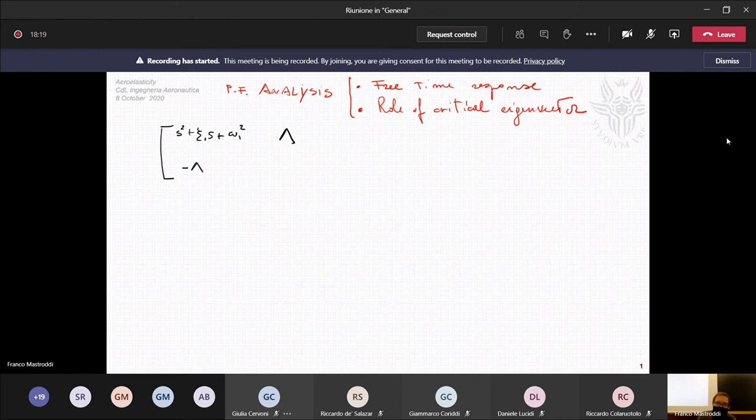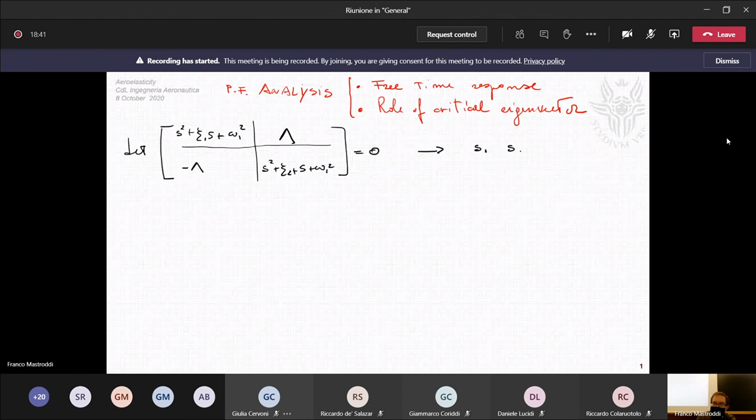I am compacting the problem in Laplace domain slash stability analysis, and by taking the determinant of this matrix, putting this equal to 0, we have 4 poles like this, and this is the standard first step of eigenanalysis, and the standard second step of this analysis. We have to solve the following problem.